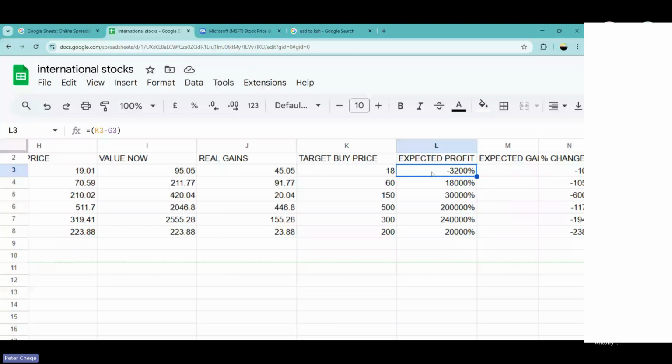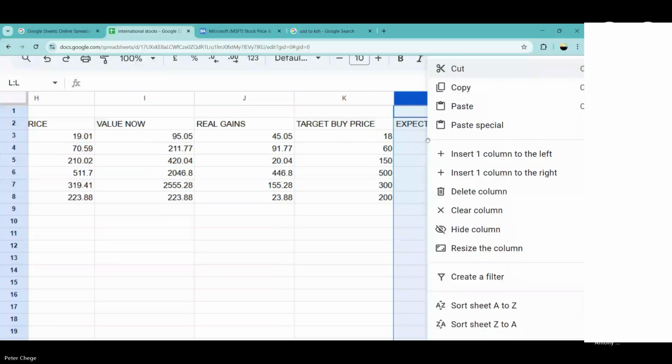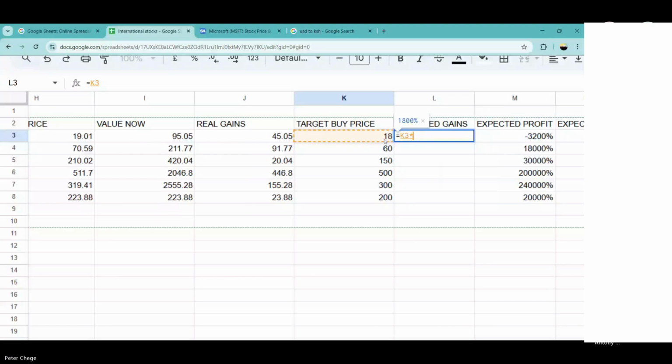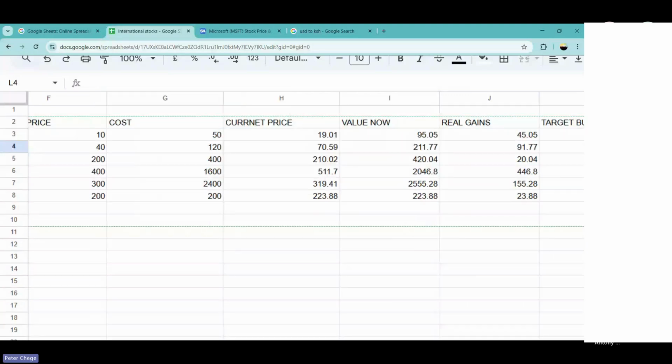So I need a column here for expected gains. Remember, this price equals this times. I don't want to put so many formulas, so they don't confuse you. This is not a percentage, this is a value.